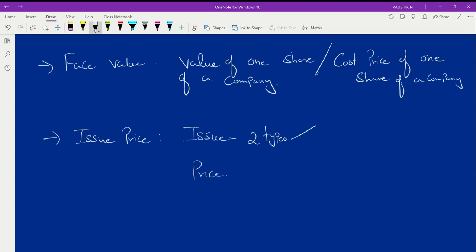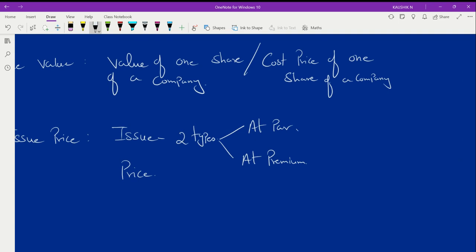One, at par, and the other, at premium. So initially, shares can be issued at par and at a premium. Then we will see what issue price is all about. So there are two types of issue: shares can be issued at par, and shares can be issued at a premium.